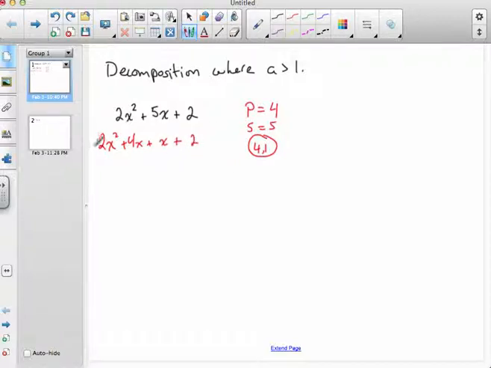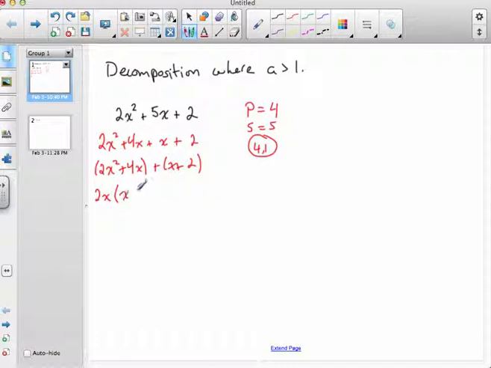Okay, nothing new. All I've done is decompose the middle. Everything else is the same. I'm going to group just like I did before. Nothing's new. Now when I look for a common factor, I need to be careful and watch for numbers and a variable. So in this case, my greatest common factor is a 2x, not just an x.